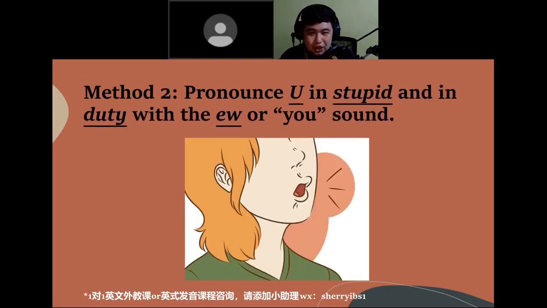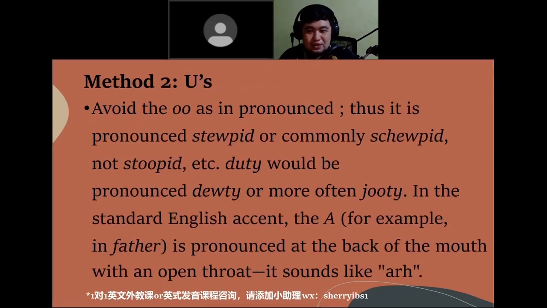Method 2 is all about U. Avoid the U as in pronounce. Thus, it is pronounced stupid, or commonly stupid. You would never hear a person in England, most especially people from London proper, pronounce the word stupid as stupid, because it's American again.